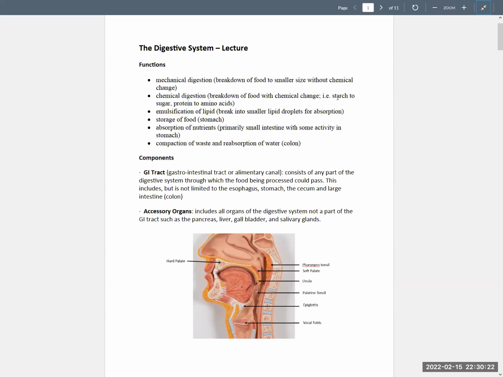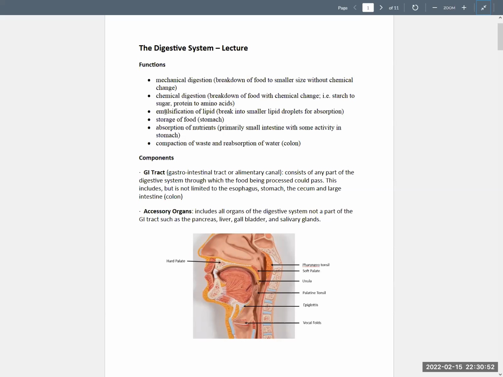When you eat a potato or a soda cracker, and you chew it long enough, it's disgusting to think about, but it'll turn sweet on you. That's because the starch or carbohydrate is chemically digested to sugar. Proteins are broken down to amino acids.